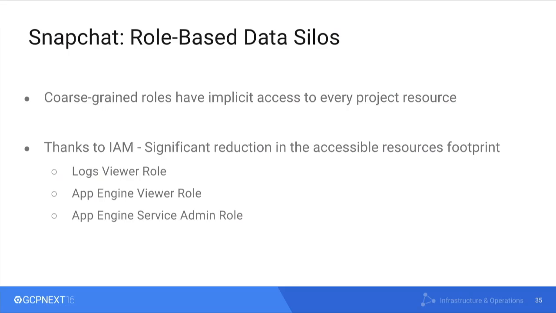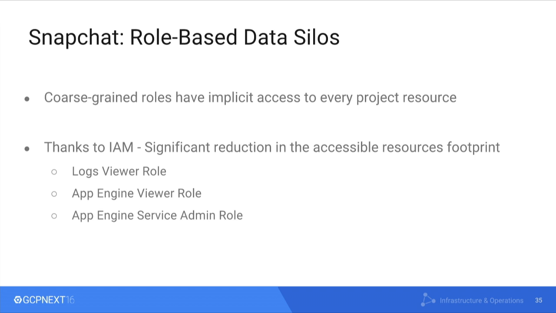So I think as Ray already mentioned, prior to the advent of IAM, there were pretty much 3 roles: editor, viewer, and owner. So if a project has user data, pretty much even the least privileged role of viewer means nothing from a security perspective, because once you're a viewer, you pretty much have access to the entire data in the project, which is a huge security risk for us.